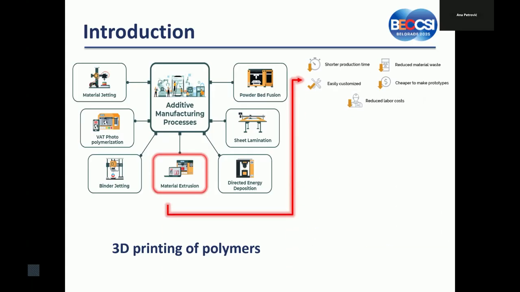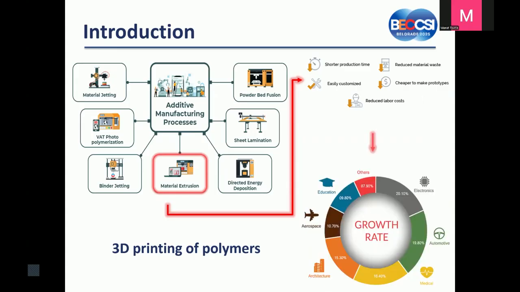There are some advantages: shorter production time, easy customization, reduced labor cost, cheaper prototypes, and reduced material waste. If we compare, for example, with photopolymerization, the resin that is not photopolymerized is waste. In the same way, for powder bed fusion, we also have powder that is not used, which is also a kind of waste.